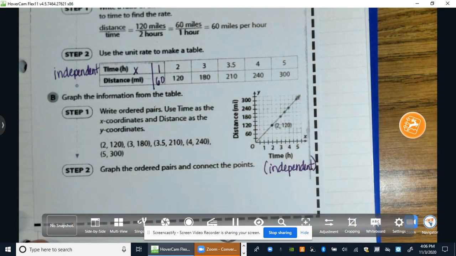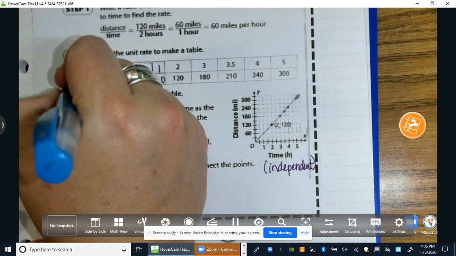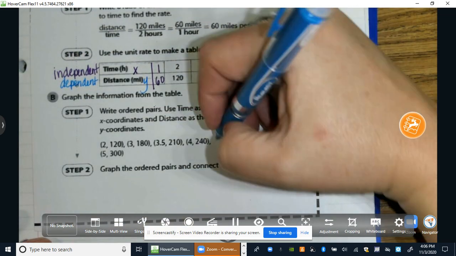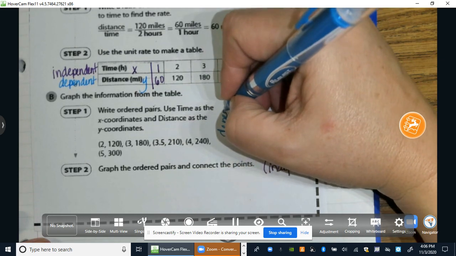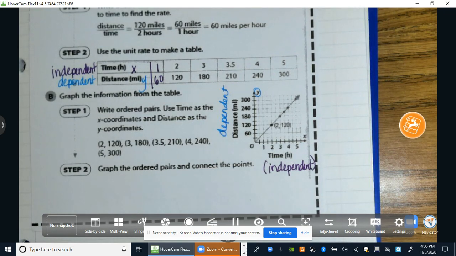Making our distance our y, which is our dependent variable, which would be y right there, do you see? And then that is our dependent variable. Okay, because the distance depends on your time. Time doesn't depend on your distance because time dictates how far you have gone.